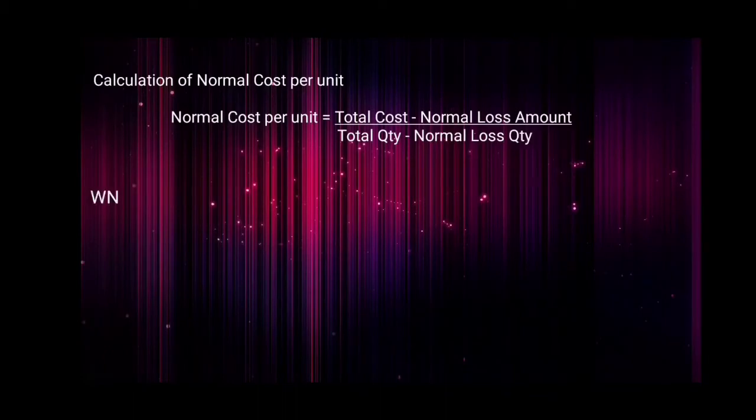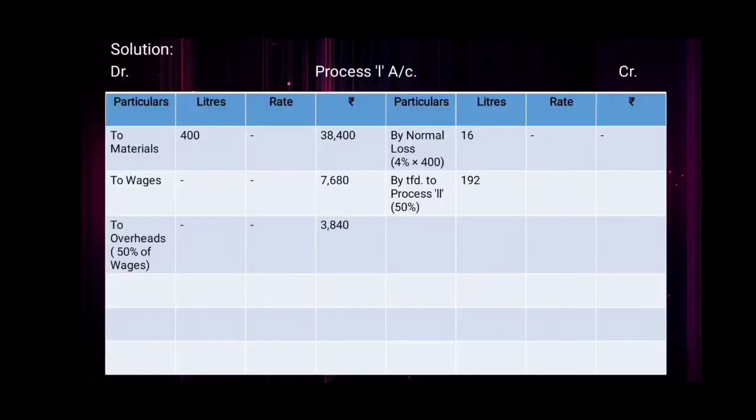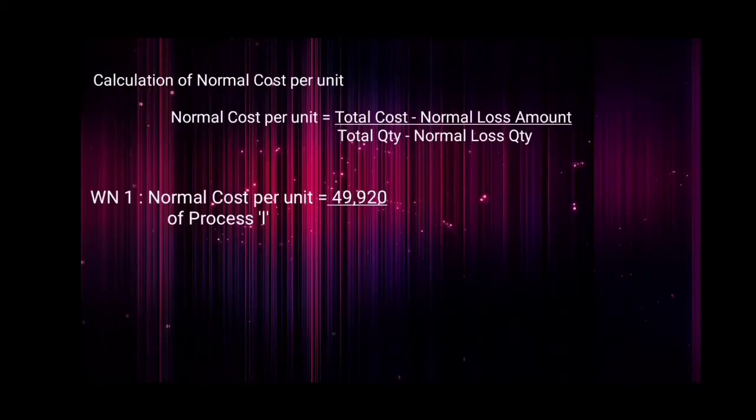So working note number 1, normal cost per unit of process 1, which is equal to total amount. So the total amount will be 38,400 plus 7,680 plus 3,840, which will be 49,920 minus normal loss amount.